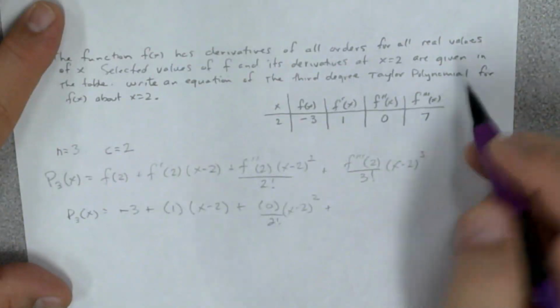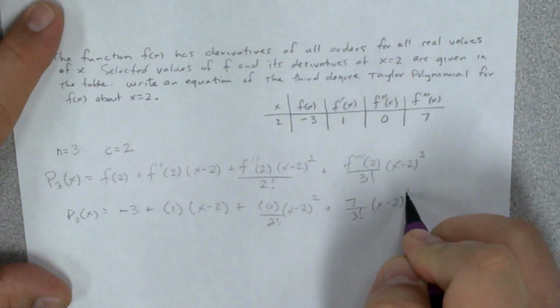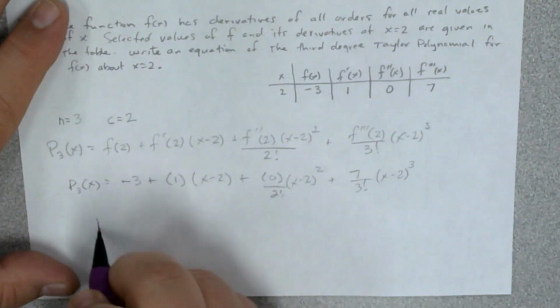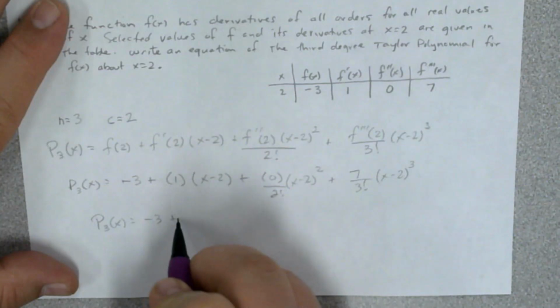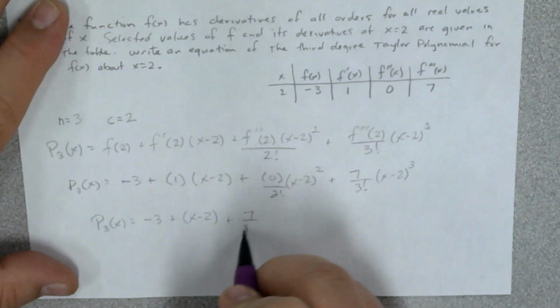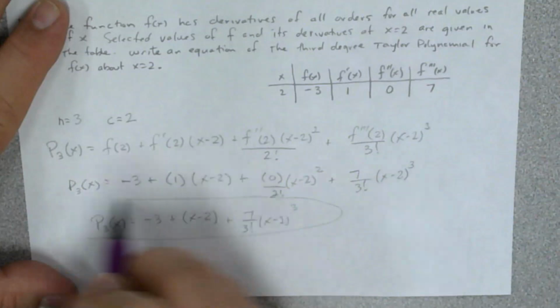And then this is 7 over 3 factorial x minus 2 cubed. So that's plugging the numbers into our formula, and then just clean it all up. My final answer: negative 3 plus x minus 2 plus 7 over 3 factorial x minus 2 cubed. And there you go.